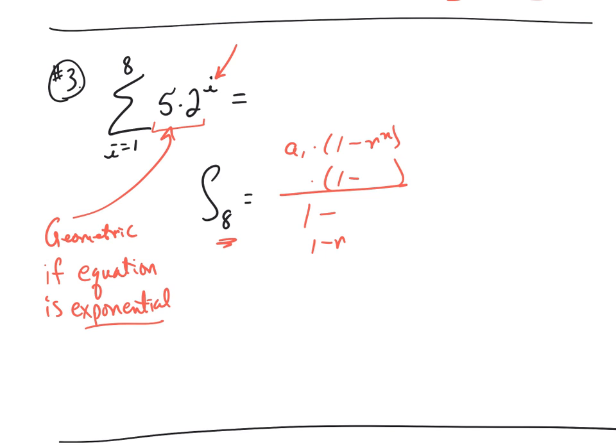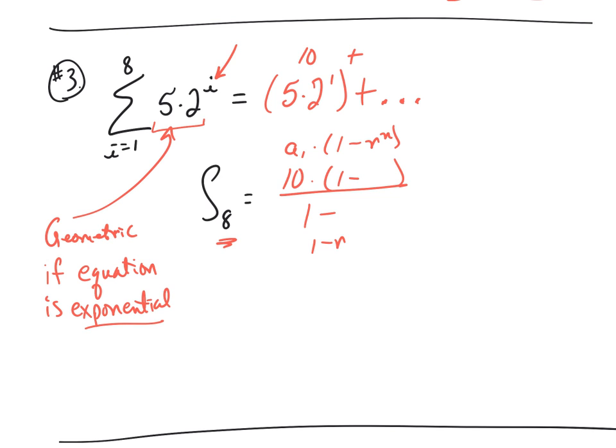No. Well, we can get the very first term by replacing i with 1. So the first term is 5 times 2 to the first. We don't care about the second term or the third or the fourth, fifth, sixth, seventh, or eighth term. We only need the first term. And what's 5 times 2 to the first? 10. So our first term is 10.